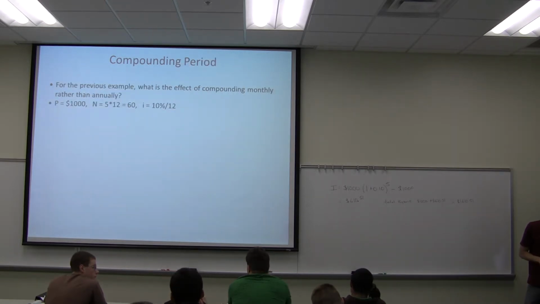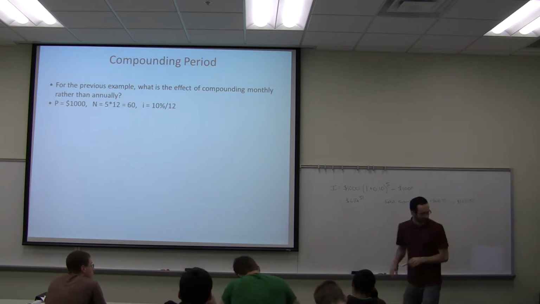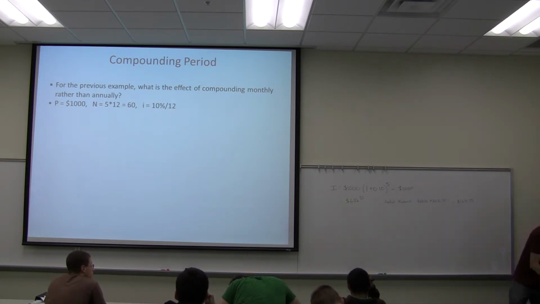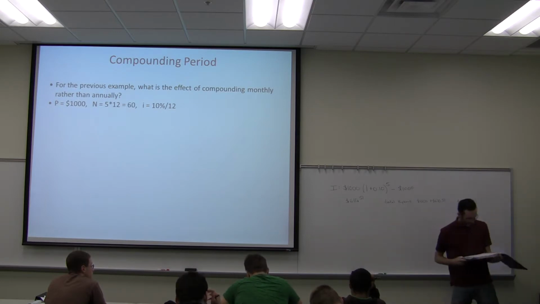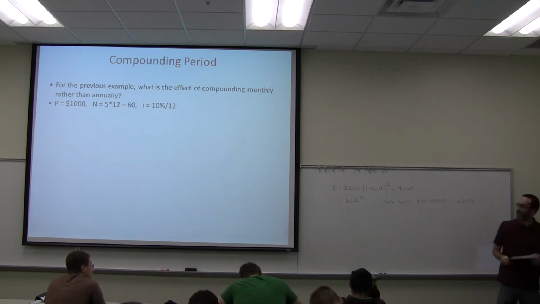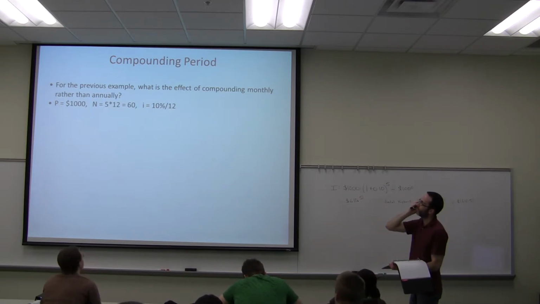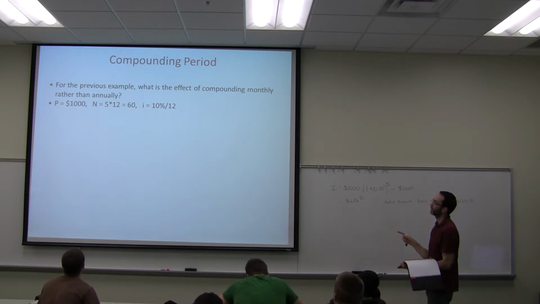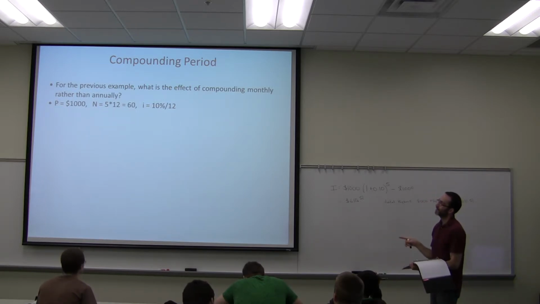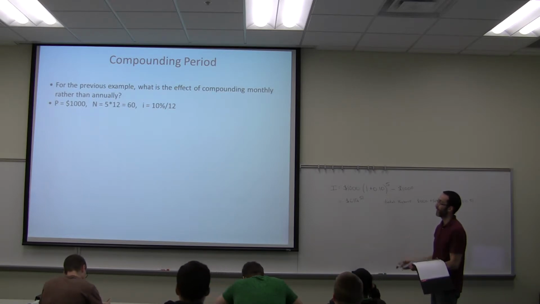All right. Okay, what about this? What if it compounded monthly? I'd like you to calculate this example. We'll put the formula on the board here. If it compounded on a monthly basis instead of annually, what that does is it changes n. N will be 60, because the definition of n is how many compounding periods there are. And so if it's compounding monthly and there's 5 years, that means there's 60 compounding periods. And I, the definition of I isn't the interest rate per year, it's the interest rate per compounding period.